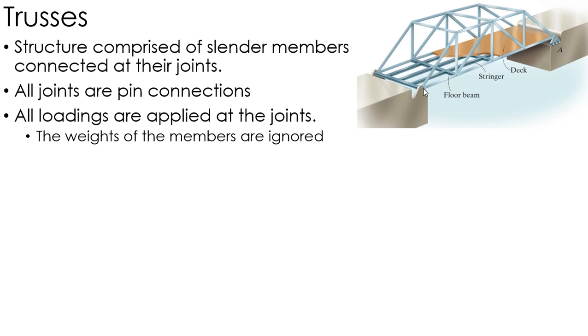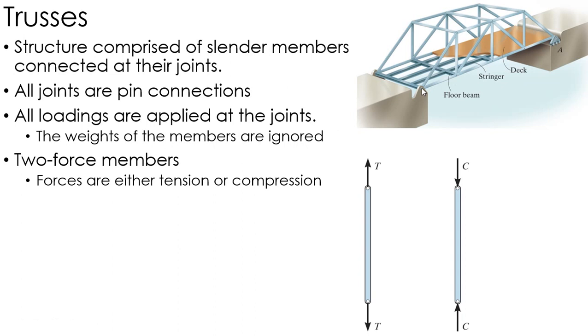So not only those loads, but the weights of the members are ignored. So rather than dealing with the weights of the members, I just put any loads that I have at the pin joints. Now, these two things, the fact that the joints are pin connections and that all the loadings are applied at the joints, create that these members are two-force members.